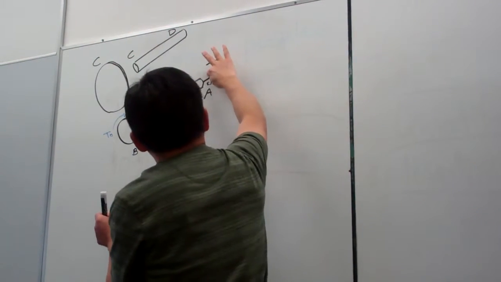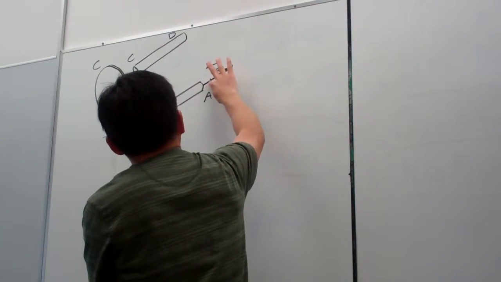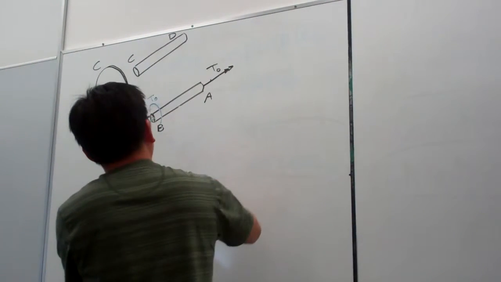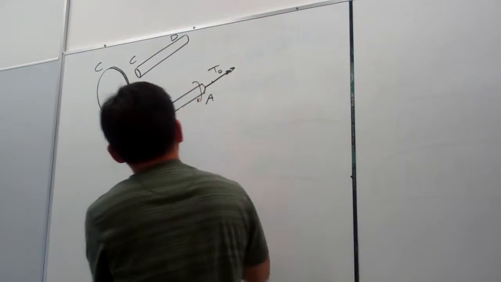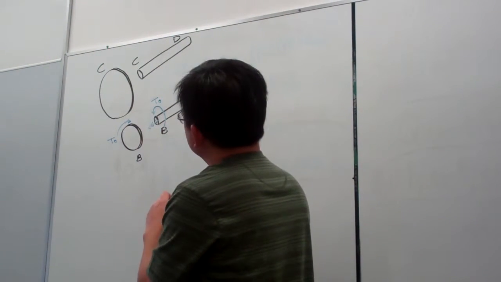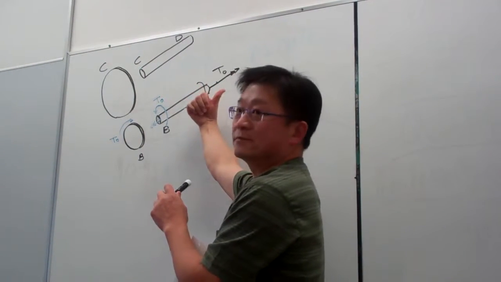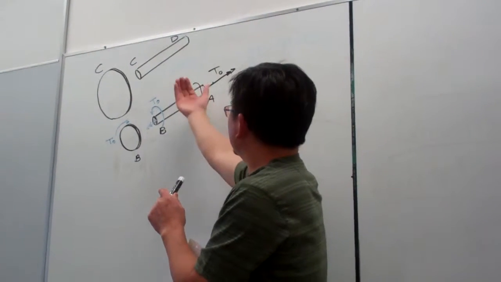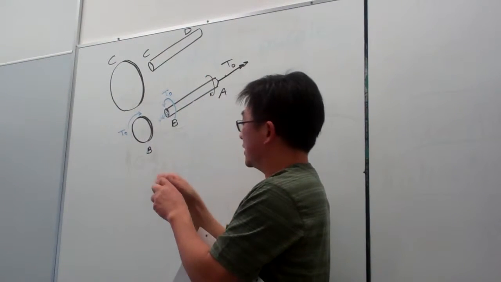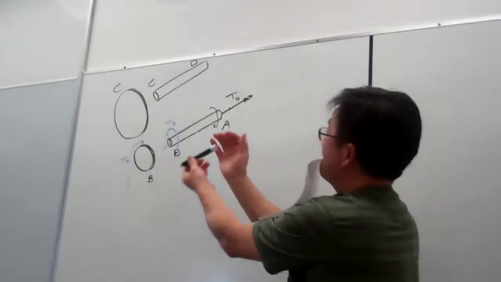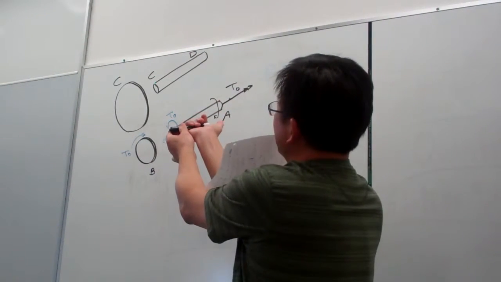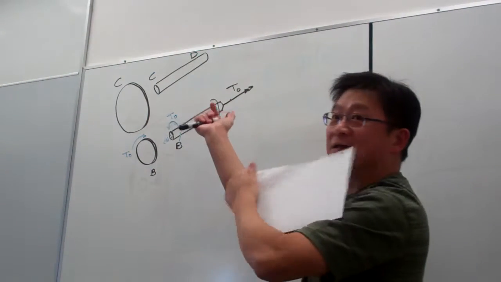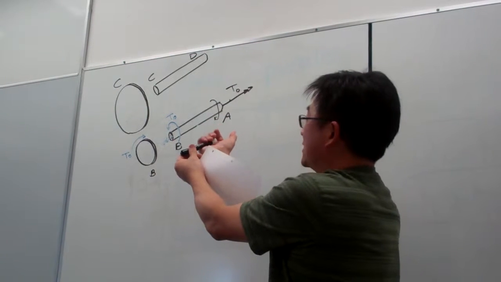Okay, let me draw a better way. Like this. Right, so why is it like that? Okay, so this way, if we use our finger to circulate, like this, like this.